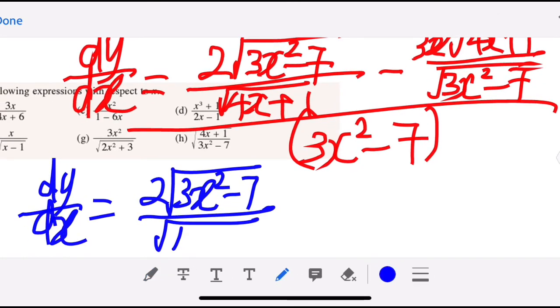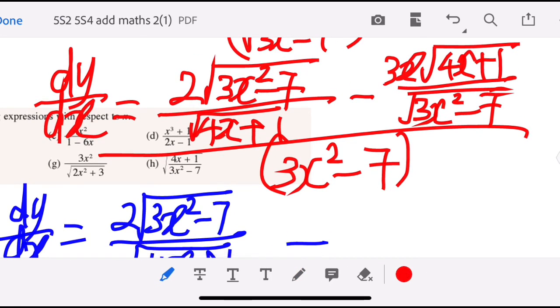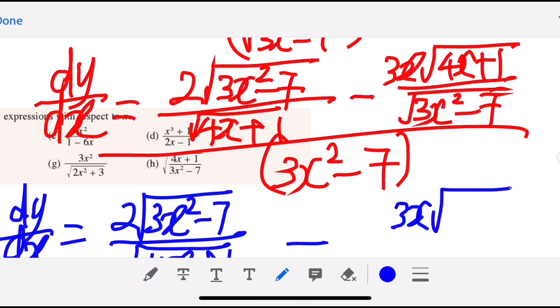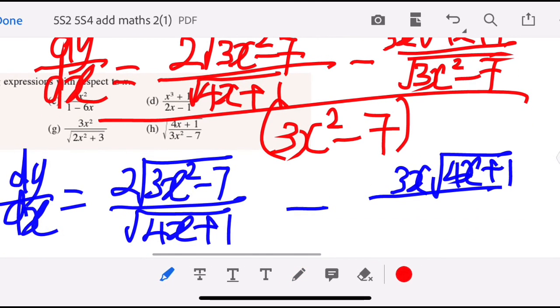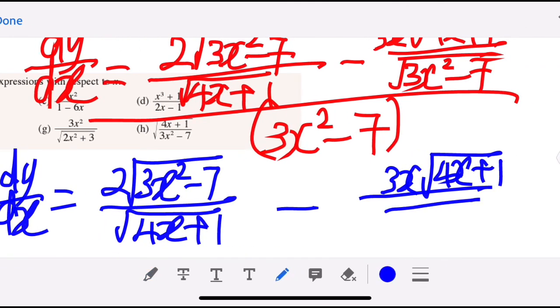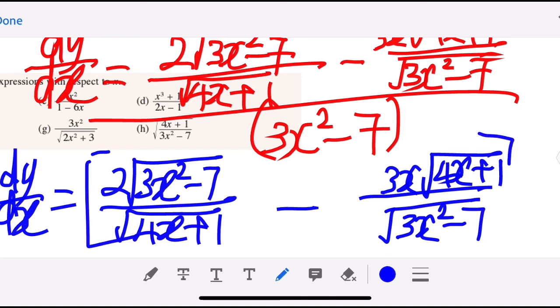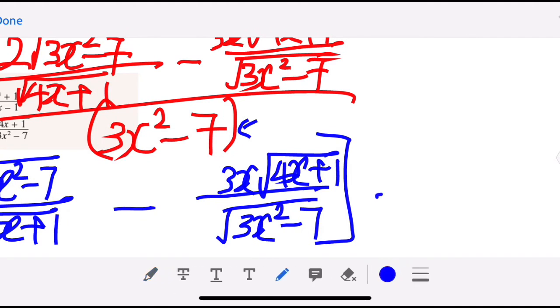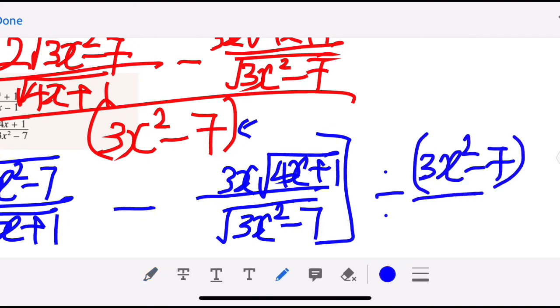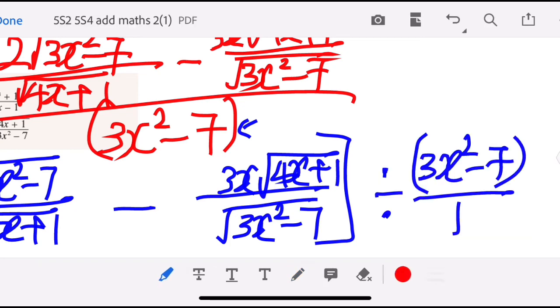The square root of 4x plus 1 minus 3x times the square root of 4x plus 1 over the square root of 3x squared minus 7. We're going to divide with this one, divide by 3x squared minus 7. Alright, so this is how we do it.